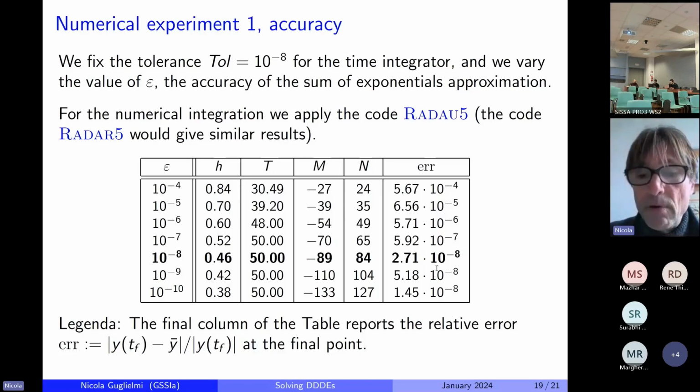You see in this table m and n. We have one equation, and to this equation we add m plus n ODEs. So we start from one equation, and in the last case we add 133 plus 127 equations, so 260 equations. From 1, we go to 260, which is a lot.